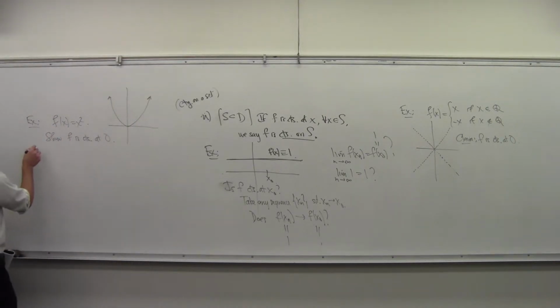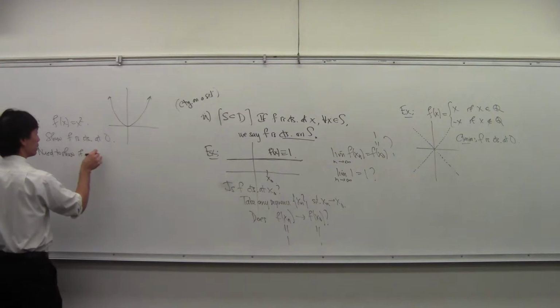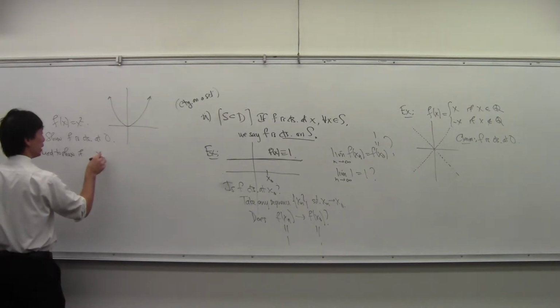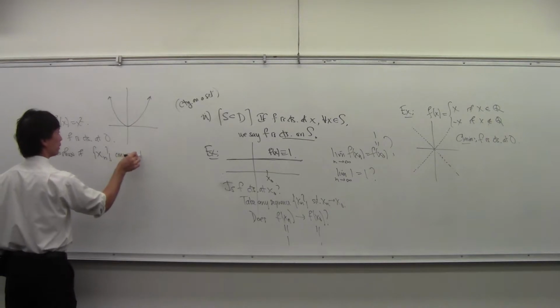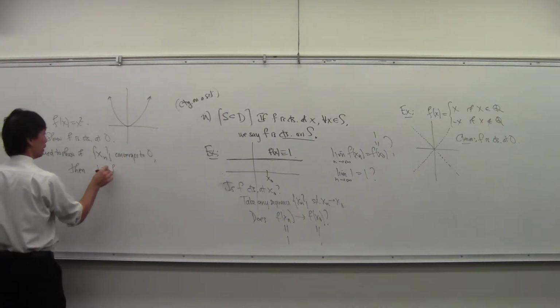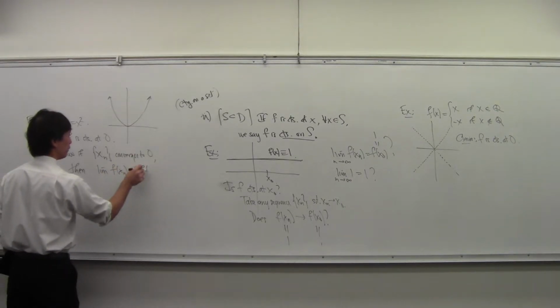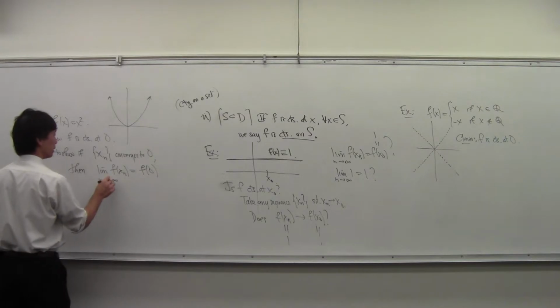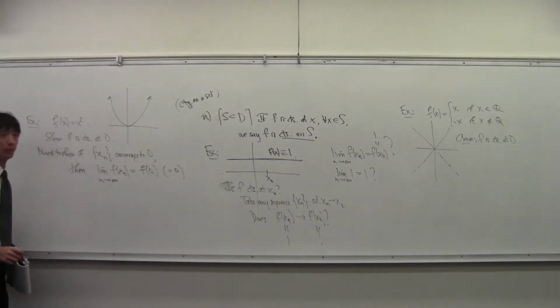Okay. So we need to show that if x of n converges to 0, then the limit of f of x of n is f of 0, which is, of course, 0 squared.